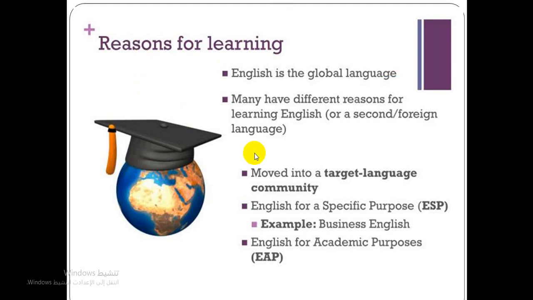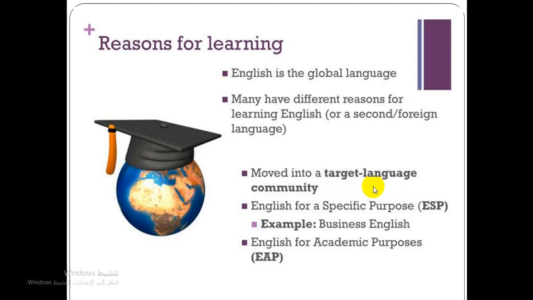Also, many people learn English because they have moved into a target language community, and they need to be able to operate successfully within that community. So what is a target language community?